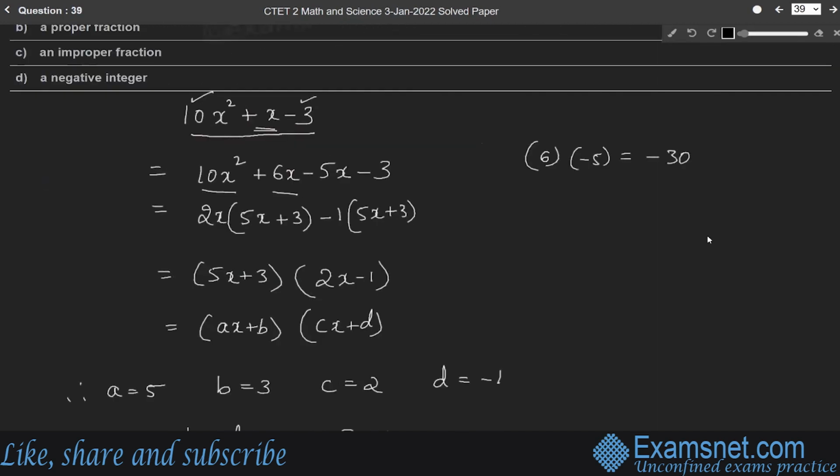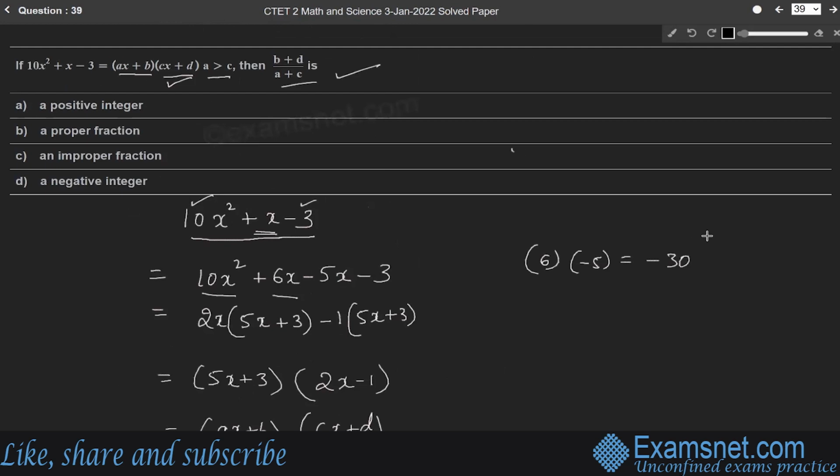Here, whether 2 by 7 is a positive integer or a proper fraction or an improper fraction or a negative integer. Here, positive integer is a number which is always greater than 0, for example 1, 2, 3, 4, etc. A proper fraction is a fraction where numerator is less than denominator.